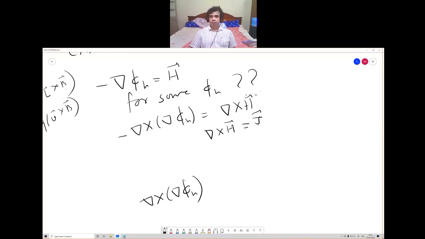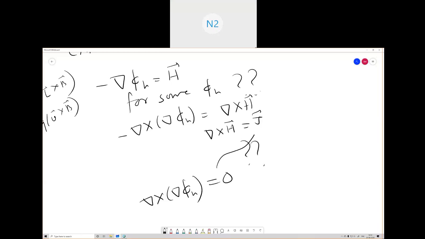So zero. What is the conclusion? J vector equals zero.